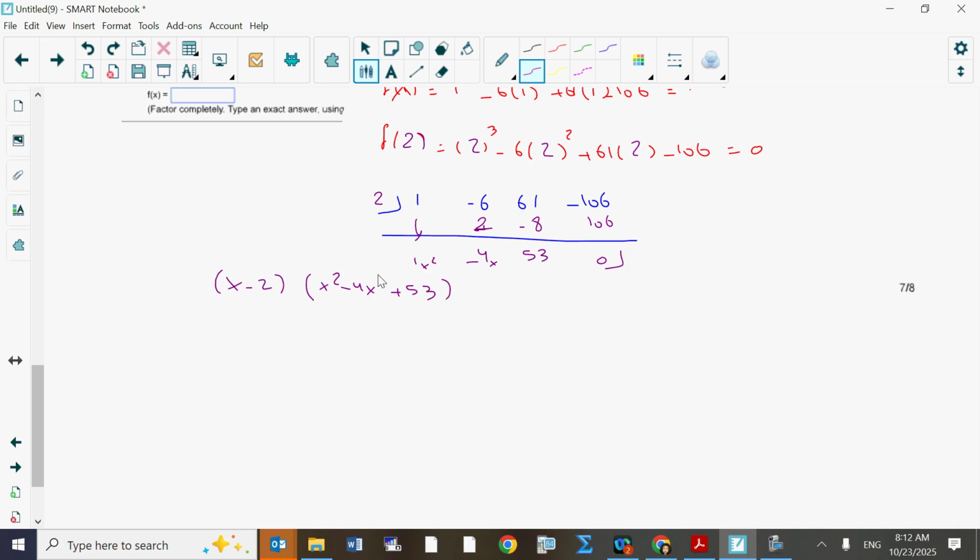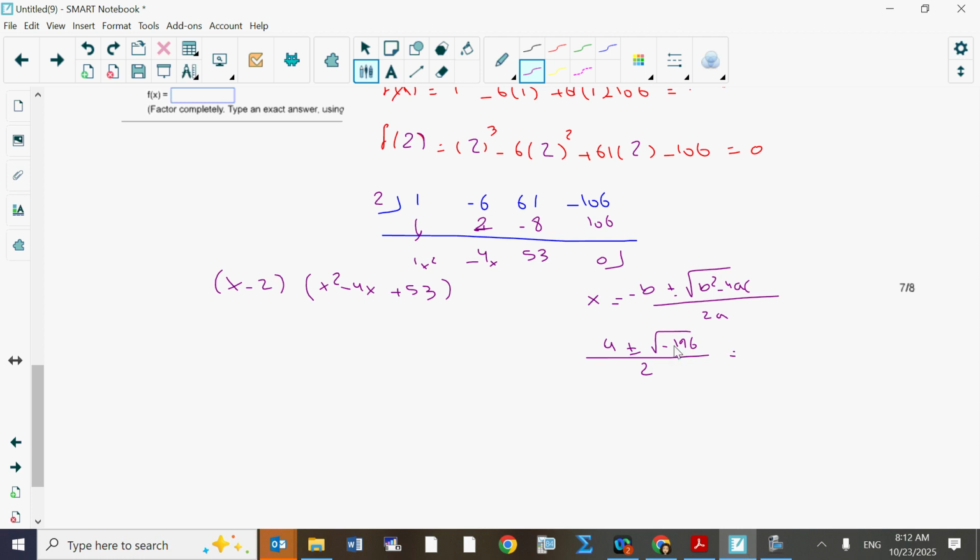Now, am I able to factor this more? Can I find two numbers that add up to negative 4 and multiply to 53? No. So I have to use the quadratic formula to find the other zeros of the function. When you use the quadratic formula, the other zeros will be 4 plus and minus the square root of negative 196, divided by 2.